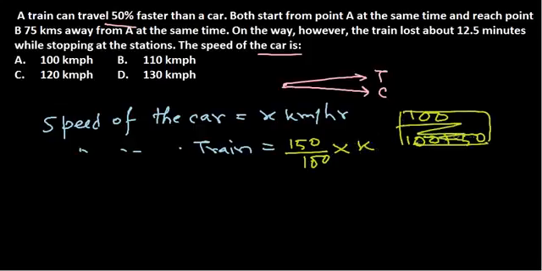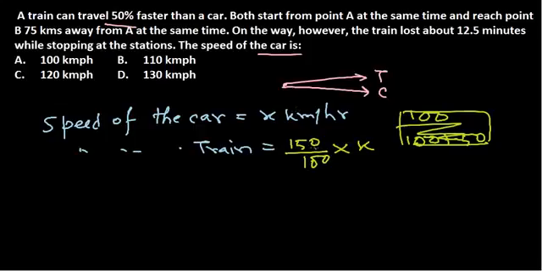These are rough, we don't require it. So we get both the speeds related to each other.